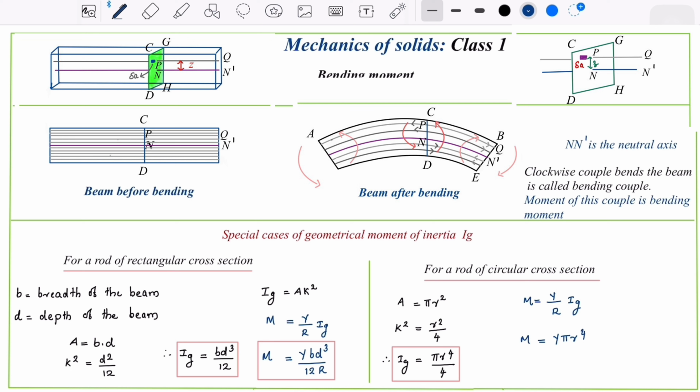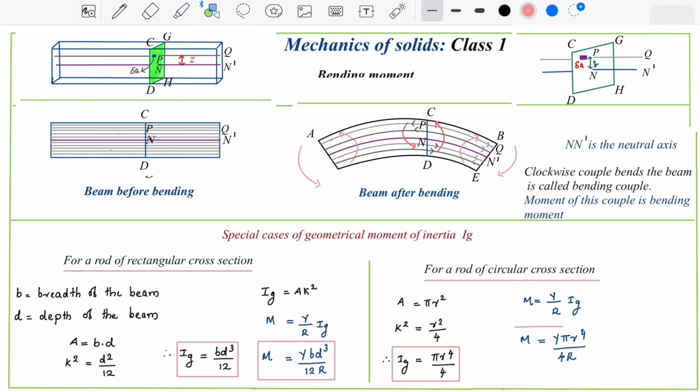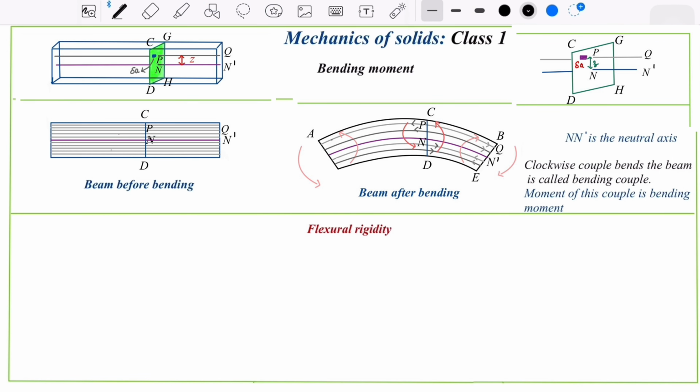M is equal to Y pi r raised to 4 divided by 4 into R. These are the special cases of geometric moment of inertia and bending moment for a rectangular and circular cross section.